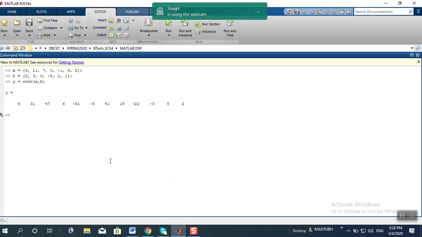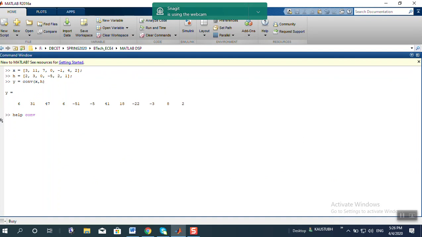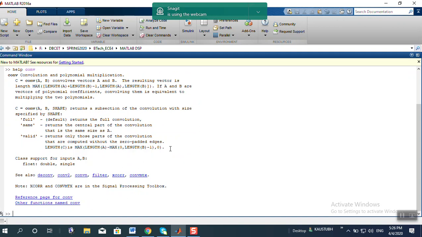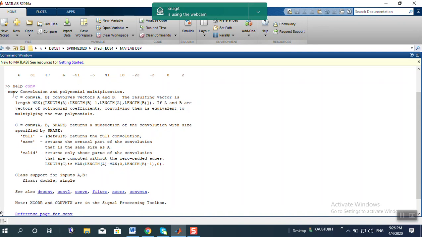Now if you look at help conv, it does not take into consideration the time index of both x and h. That is the deficiency of using this function conv. As you can see, conv(a,b) convolves the vectors a and b. The resulting vector has length length of a plus length of b minus 1.